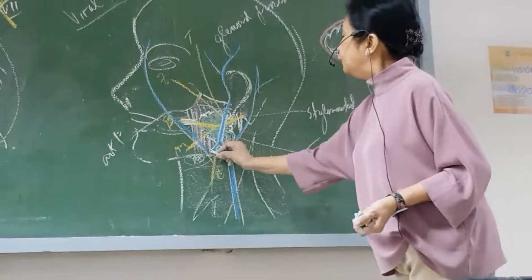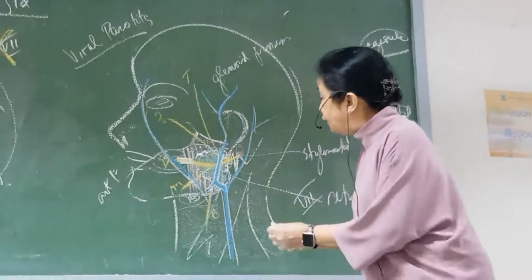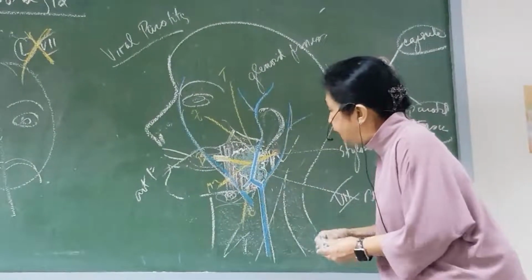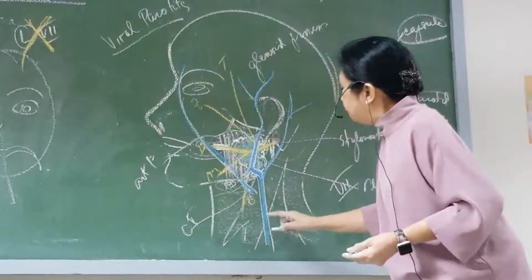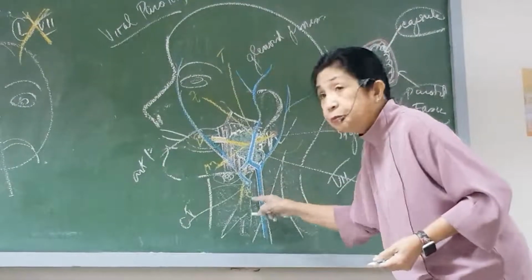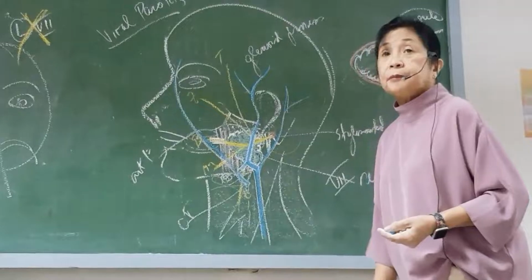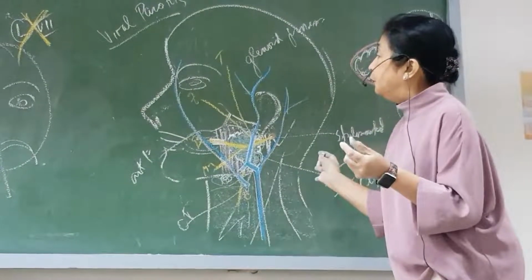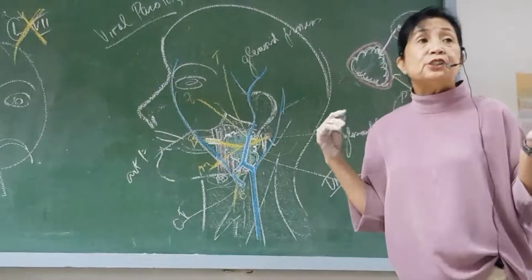Tapos ito namang anterior division ng retromandibular sasama sa ano to? Anterior facial para maging common facial. Ano ngayon yung common facial? Yung common facial naman pupunta doon sa vein sa loob ng sternocleidomastoid. Ano yung vein sa loob? Internal jugular vein.